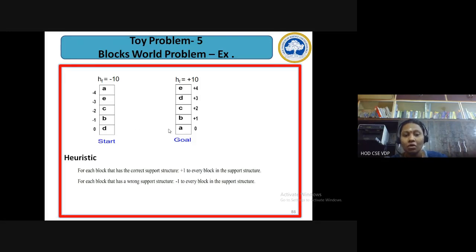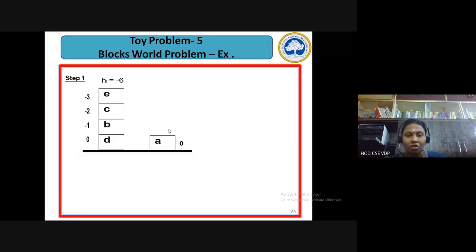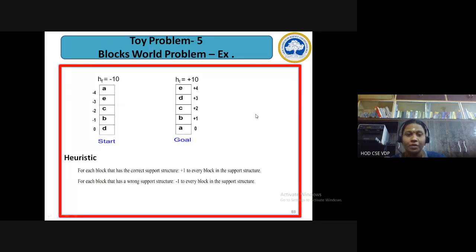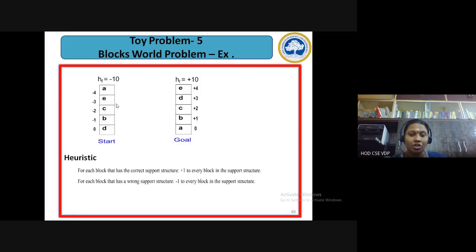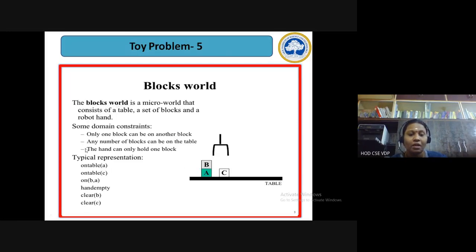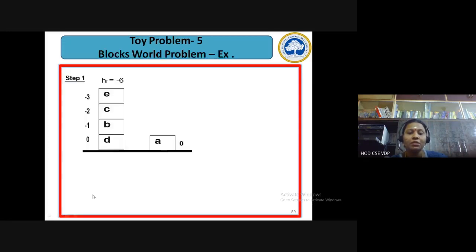Okay. Now we'll see how this is being solved. So the first step, I'm going to pick A and place it on the floor. So what would be the action sequence? I have to say, using these production rules, using these representations, can you tell me, on table, first of all, what do you have here? How do you illustrate this particular step?